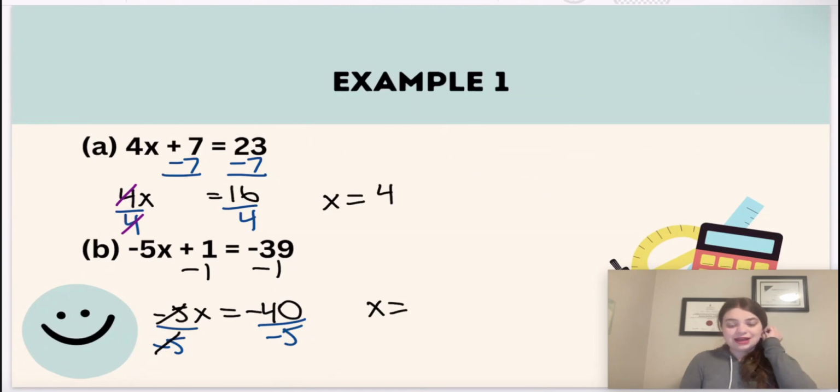On the right, we have negative 40 divided by negative 5. And recall that if we divide two negative numbers, we end up with a positive result. So the result here is actually going to be positive 8, because 40 divided by 5 in general is 8. And the fact that they're both negative, negative 40 and negative 5, just means our result will be positive. So positive 8 as opposed to negative 8 or a different value.